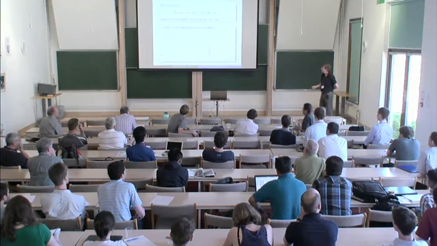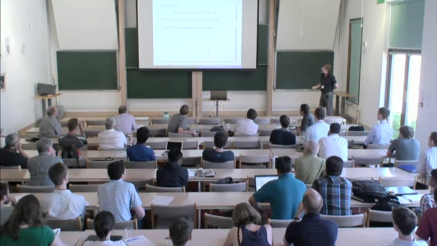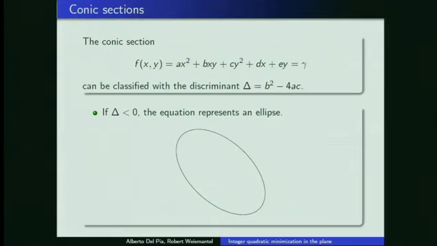Exactly. So before I illustrate these main tools, let me go a little bit through this standard notation, which I will use throughout. We'll speak here about conic sections. A conic section is of the following type. You have this quadratic, and you set it equal to a given value gamma.